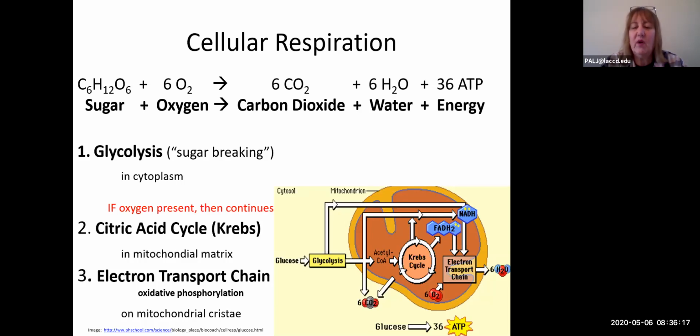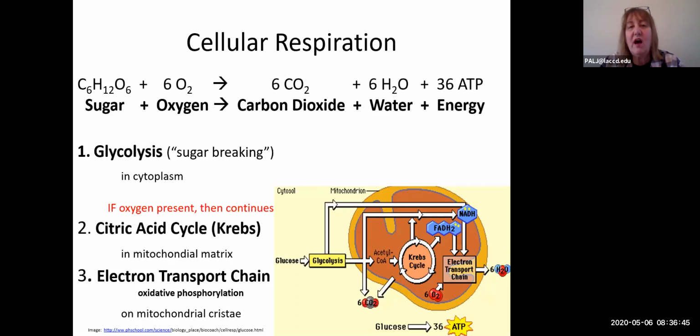And this is where we are going to have a massive production of ATP as well as water for a waste product. So hopefully at the end of this cellular respiration, we will have 36 ATP instead of just the 2 ATP net that were formed at the end of glycolysis. But remember, that would require oxygen.